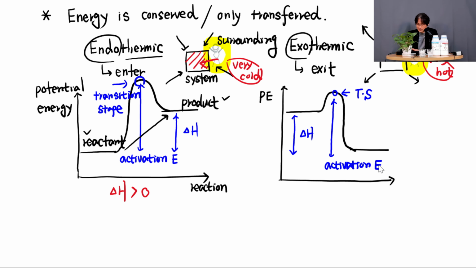It's very simple. In this case, the reactants have a very high potential energy, but it decreases. This means the delta H value should be negative. It's so clear, right?